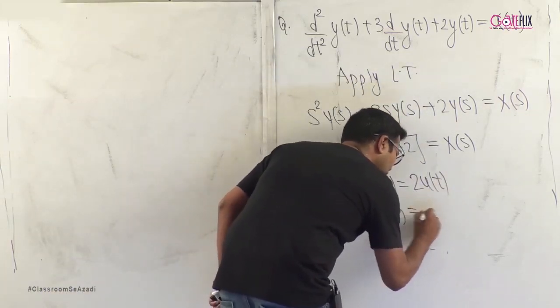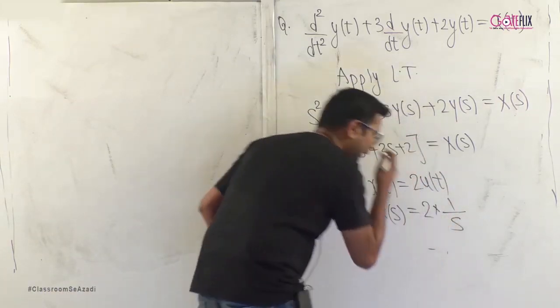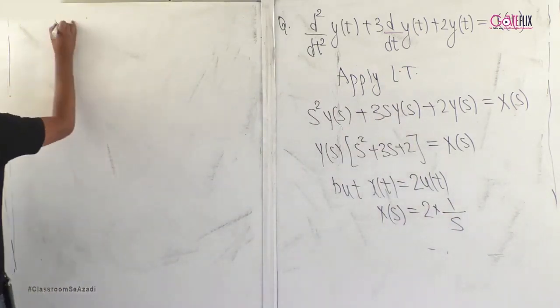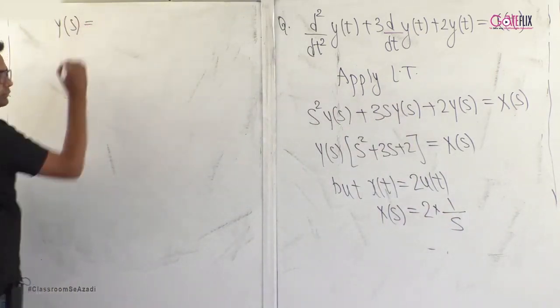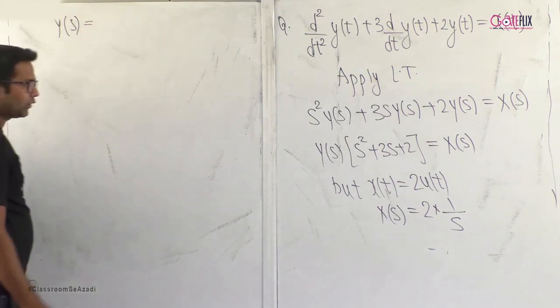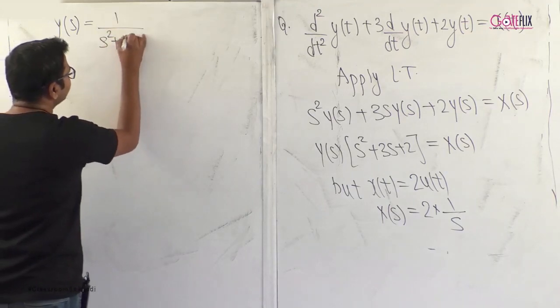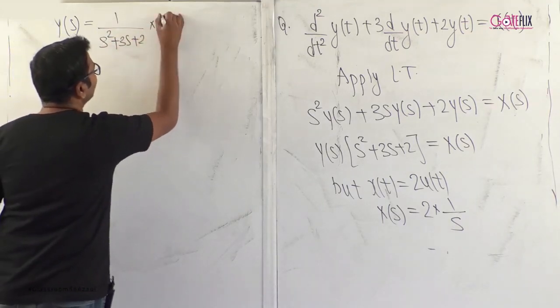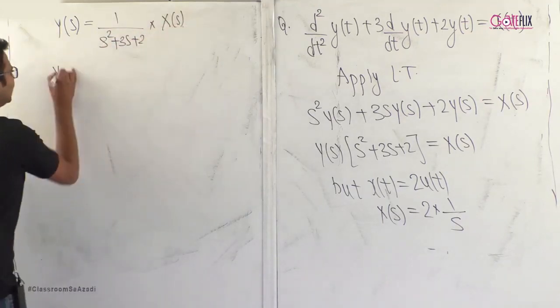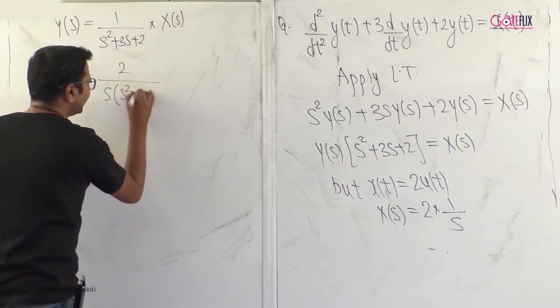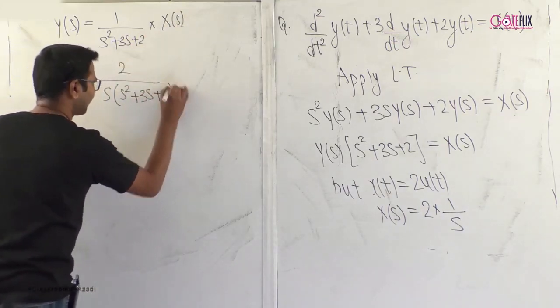Therefore, capital X(s), which is 2 into u(t), will be 2 by s. Therefore, we can write Y(s) as 1 upon s² + 3s + 2 into X(s). Therefore, Y(s) will become 2 upon s(s² + 3s + 2).